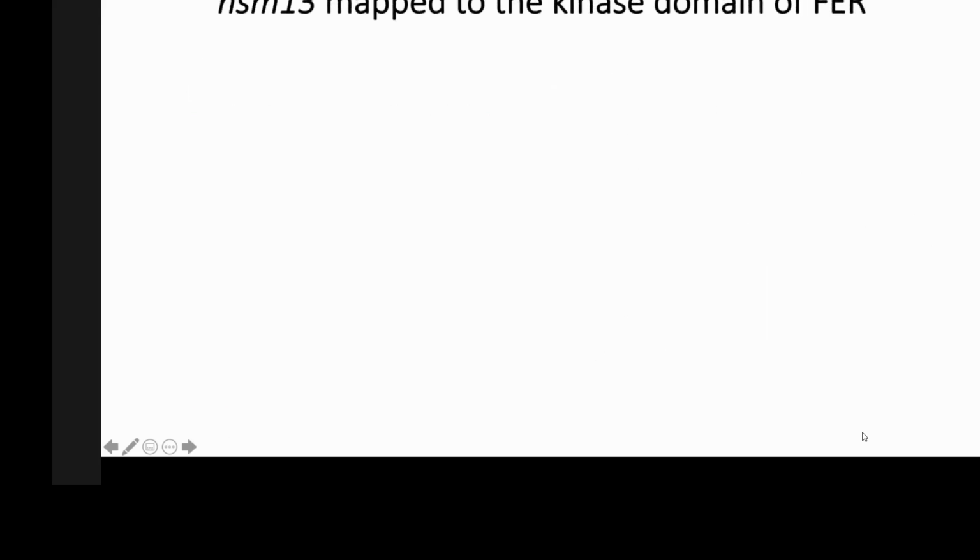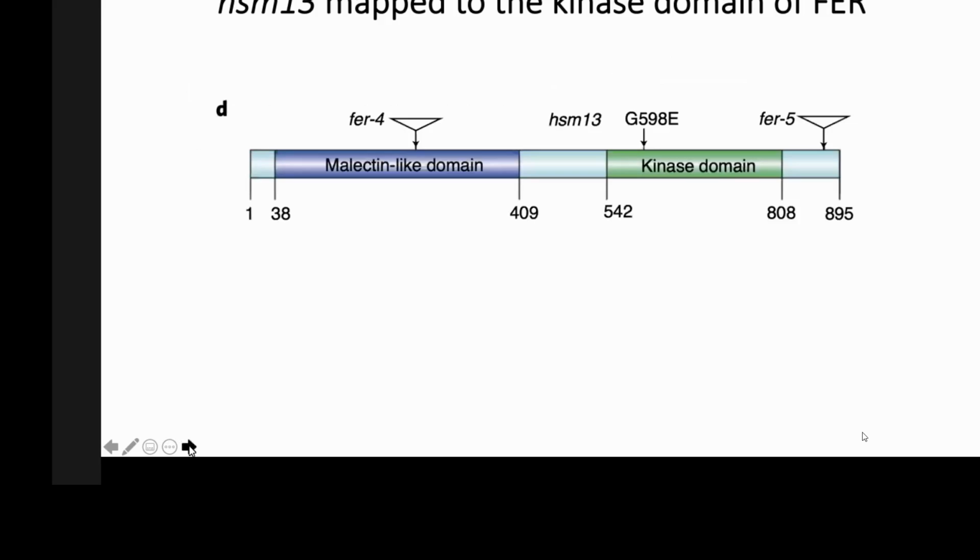All right, so they next wanted to map where the HSM13 mutant was, and they did some sequence analysis. So they crossed the HSM13 with wild type, and they got some SNPs in the kinase domain.